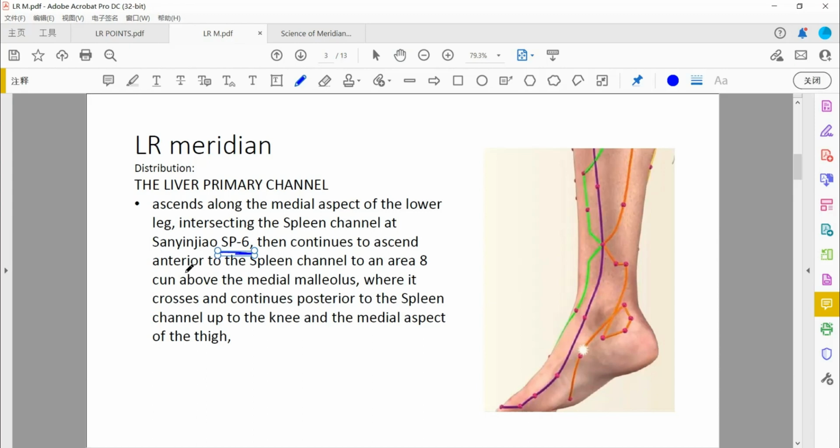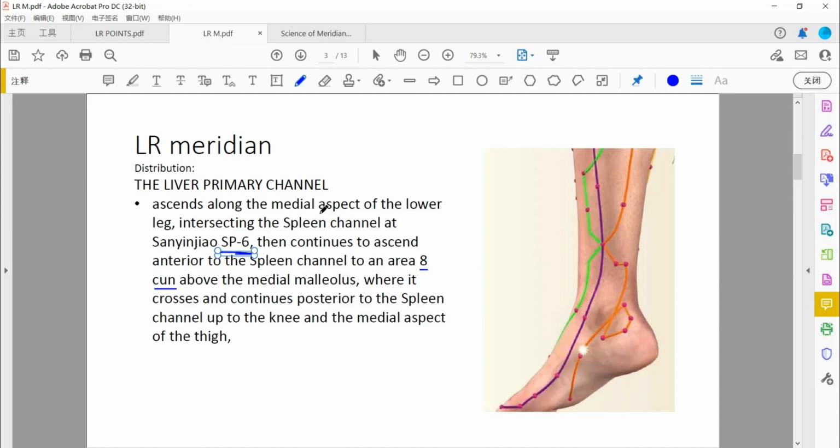Then it continues to ascend anterior to the spleen channel to an area 8 寸 above the medial malleolus, where it crosses and continues posterior to the spleen channel up to the knee and the medial aspect of the thigh.